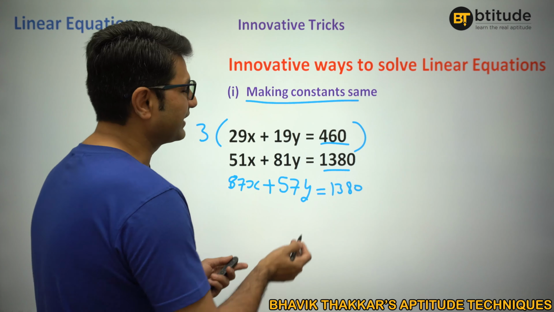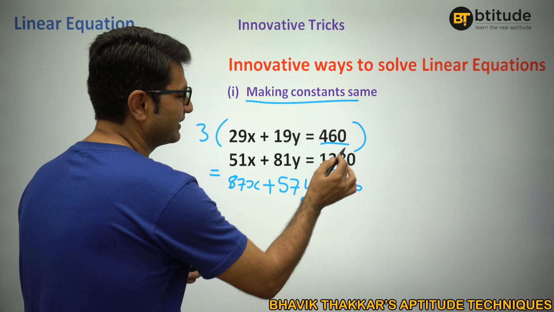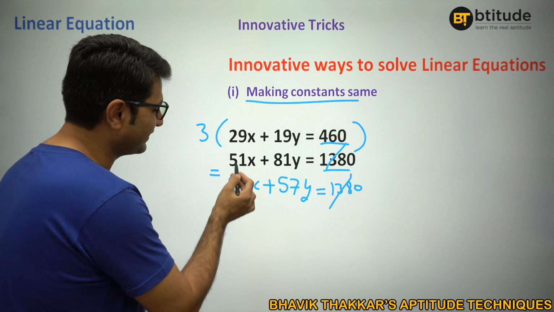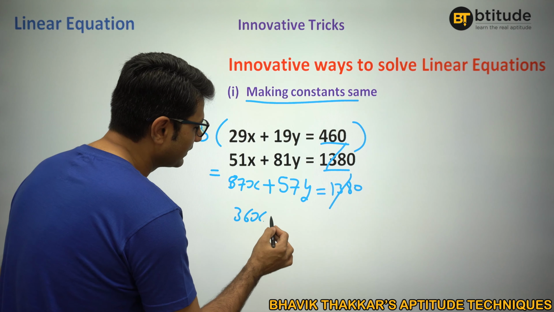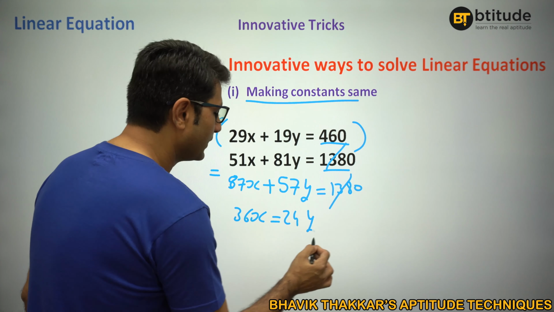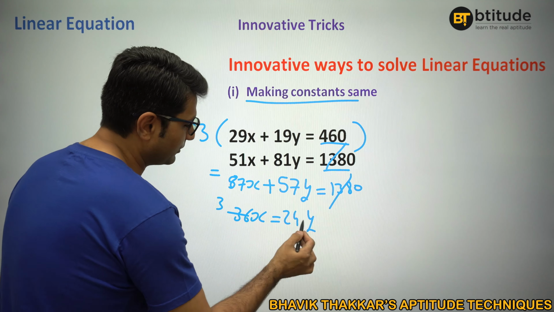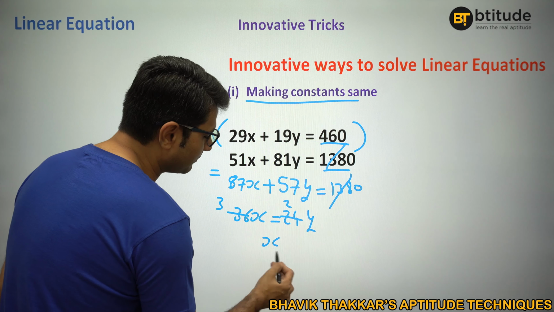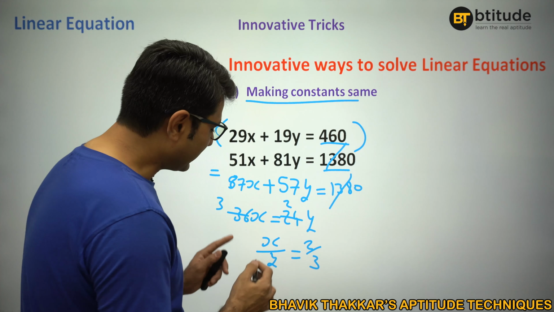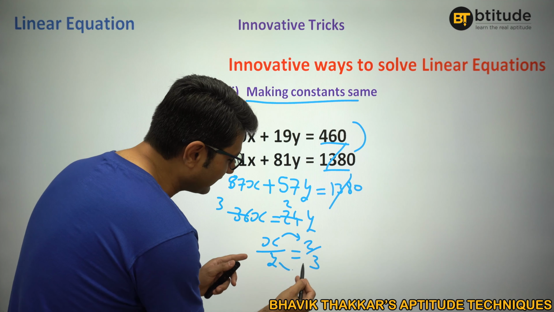And then we know this is equal to this, right? Because both are 1380, and when both of these are equal, we can easily understand that 36x is equal to 24y. So 12 into 3, 12 into 2, that means x by y is equal to 2 by 3. Fair enough? That means if x is 2, y is 3.